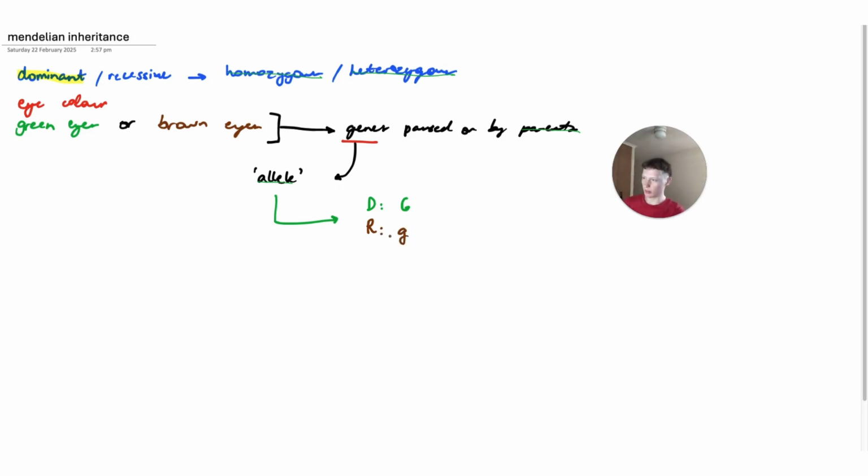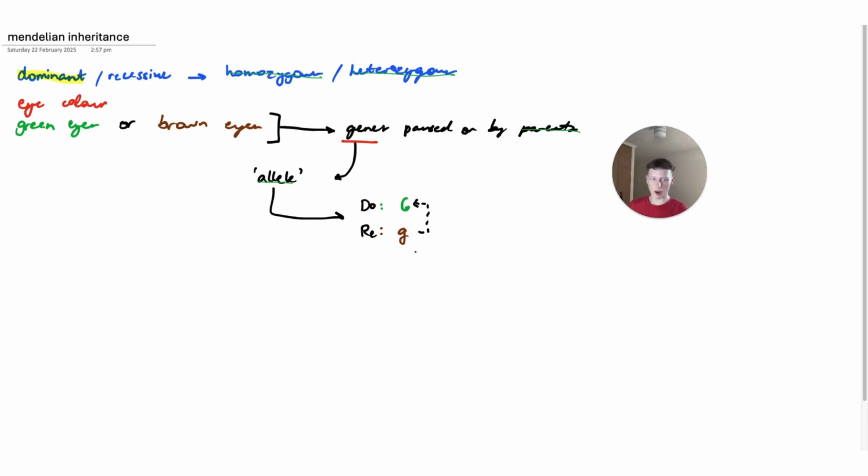It might seem weird, why do we still use G? Well, the recessive allele and the notation around it depends on the dominant allele.